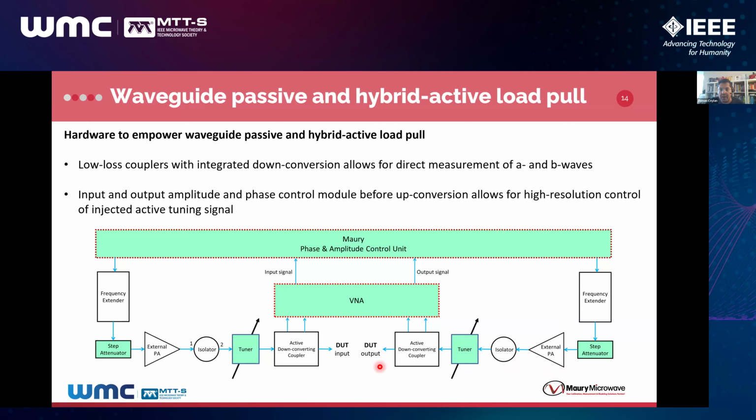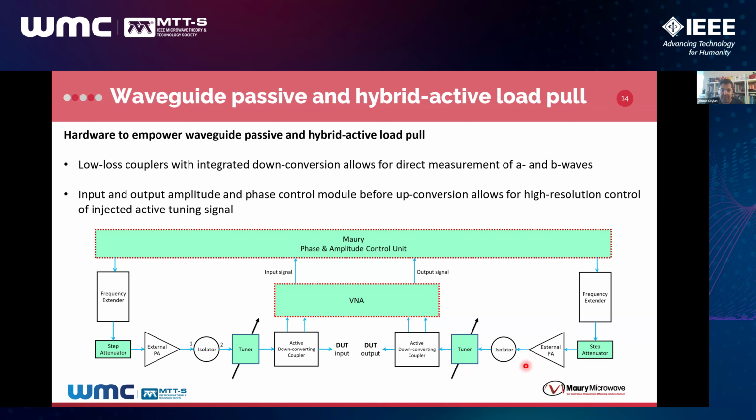So again, if you have a really high power DUT here, we can calculate roughly the insertion losses from tuner to your DUT, and we can calculate how much power you need to drive your transistor to go gamma 1. So that's the flexibility of the system.